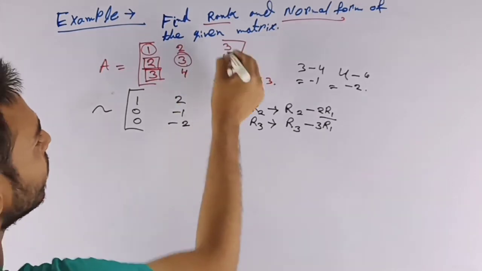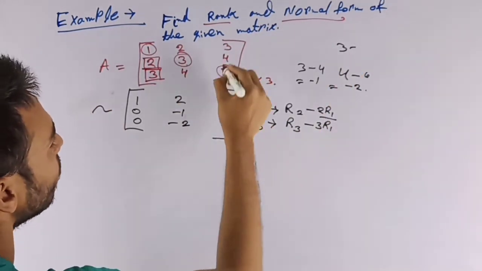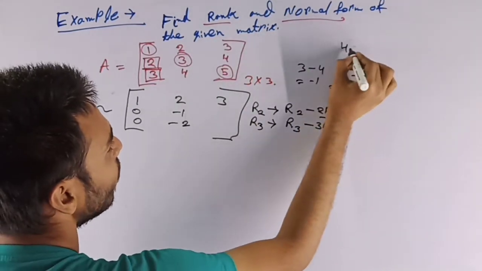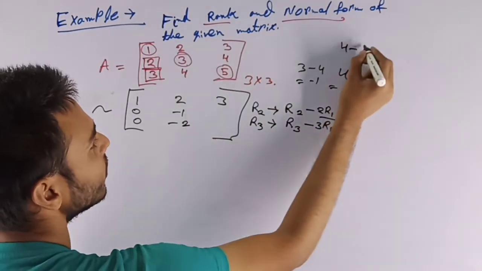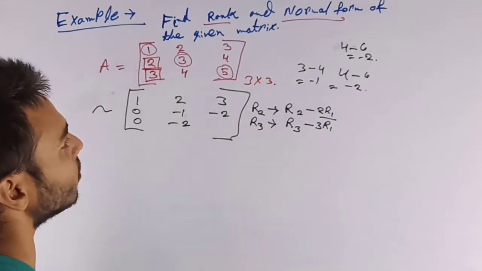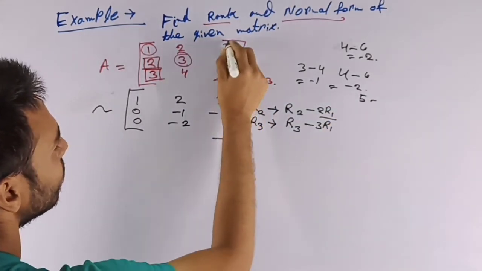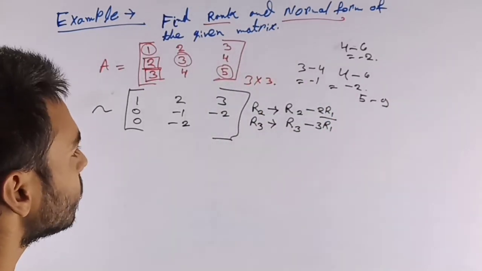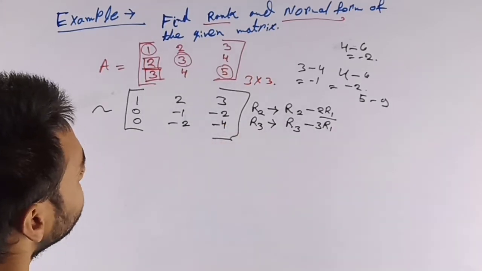So minus 1 and minus 2 is coming, and in the third column, 4 minus 3 times 2, that equals 4 minus 6, that equals minus 2, that's it. And 5 minus 3 times 3, that equals 5 minus 9, that equals minus 4 also.